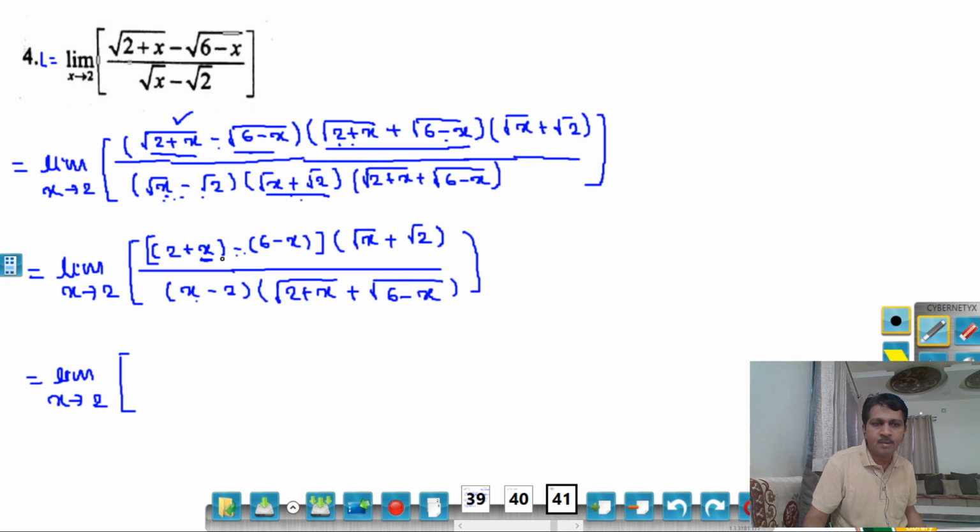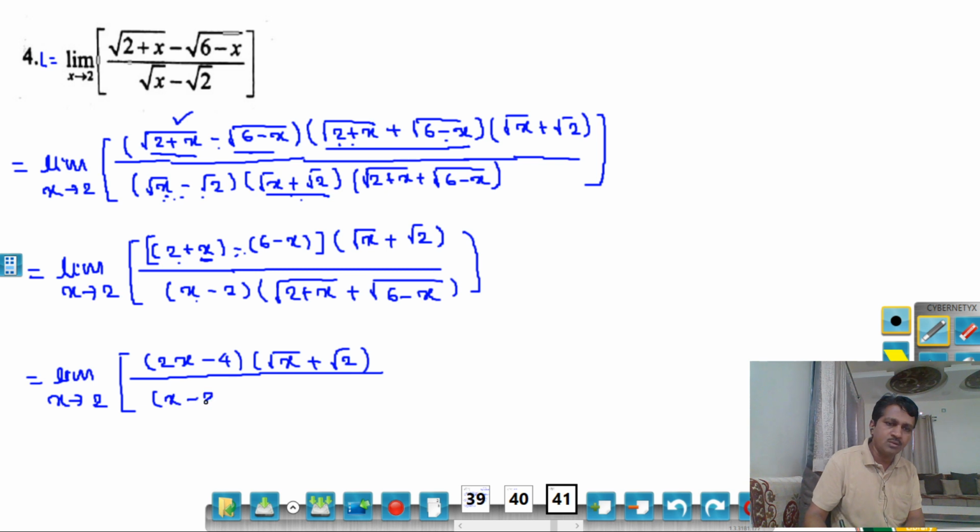I will add first the terms of x, and then minus minus plus x, it is 2x, then 2 minus 6 is minus 4, and the remaining thing as it is, root x plus root 2, this complete divided by x minus 2 into under root of 2 plus x plus under root of 6 minus x.